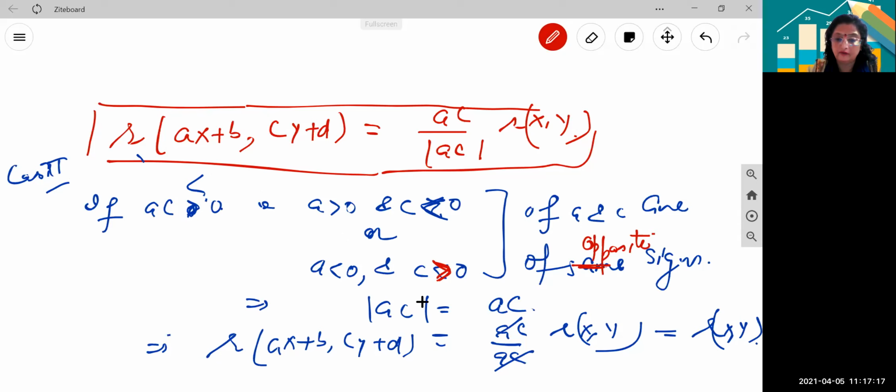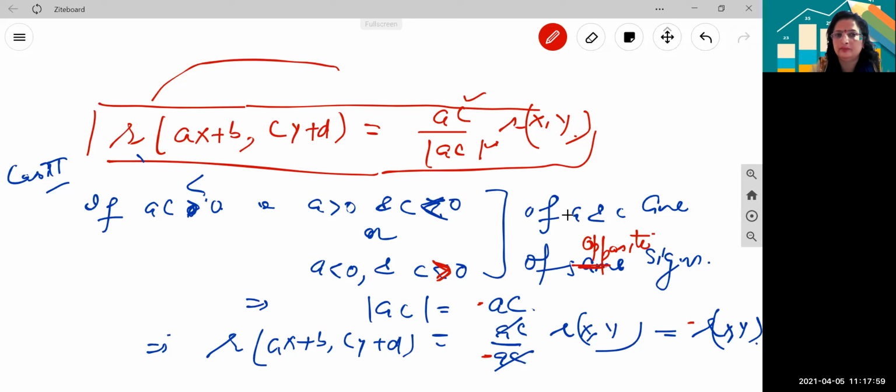When they are of opposite sign, mod of AC gives the value minus AC. So when you put the value here, you will get minus, so the value is equal to minus Rxy. So this is the conclusion: whatever the sign of AC, this is the relation between the correlation coefficient of the variables X, Y and AX+B, CY+D.